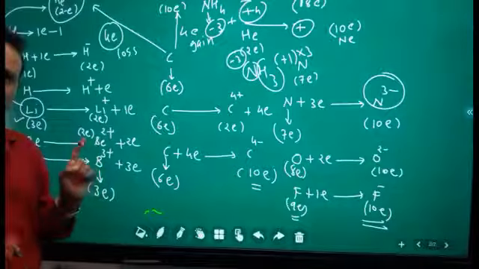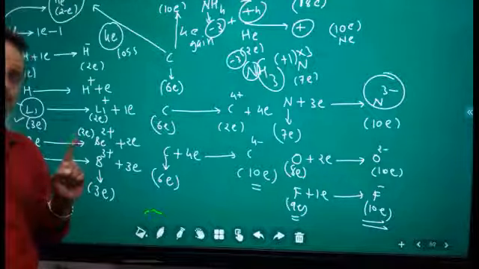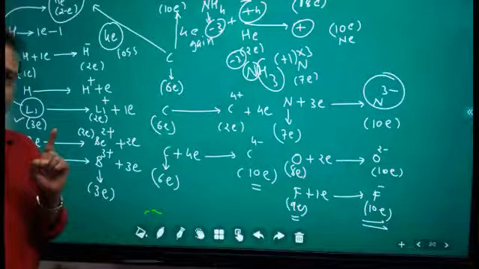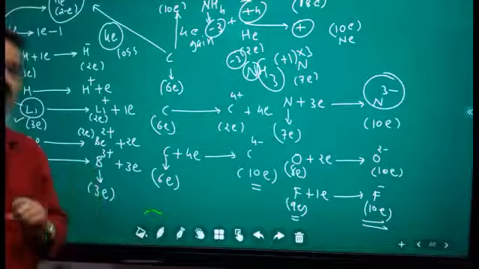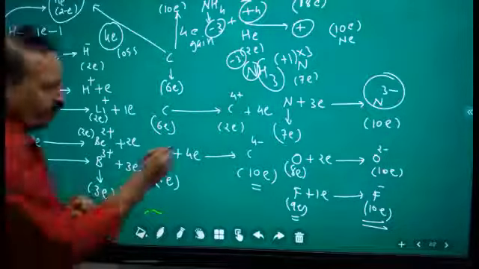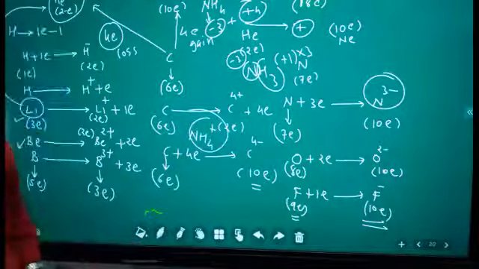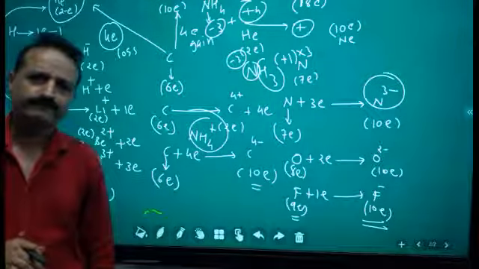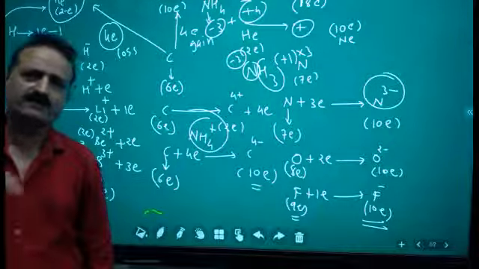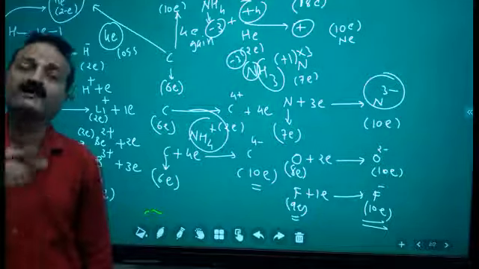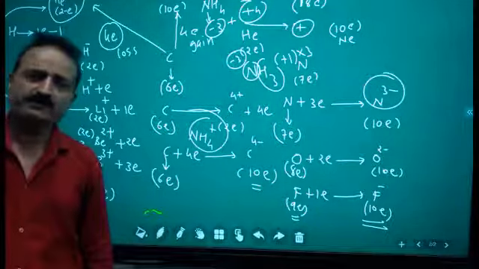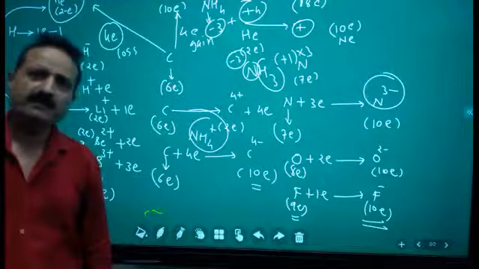Nitrogen is 3 minus. If there are 4 hydrogens, that means plus 4 charge, and minus 3 charge, so plus 1 charge remains. So ammonium always has a plus charge. In my first lecture, I explained the difference between ammonia and ammonium. So very interesting, very easy chemistry.